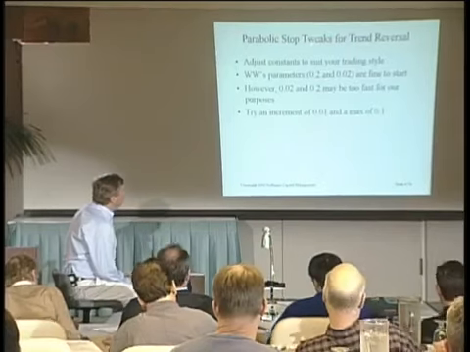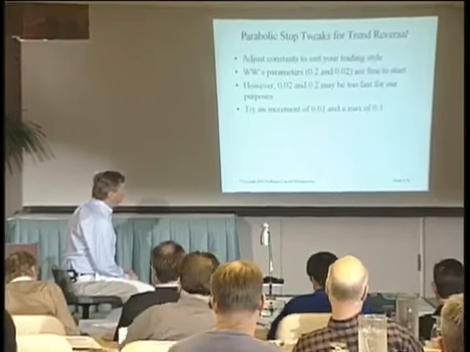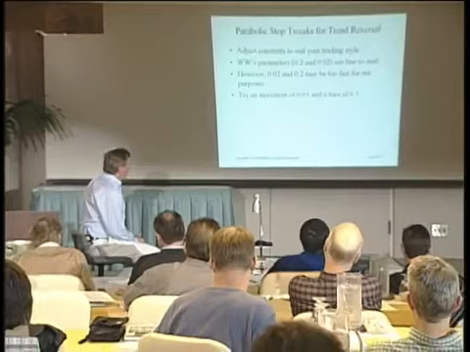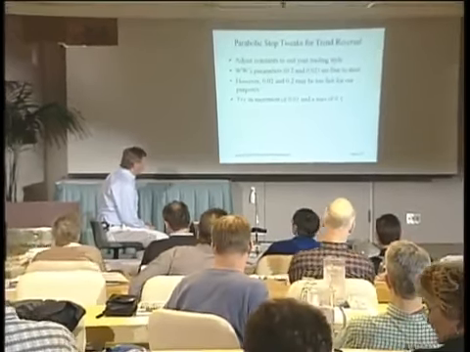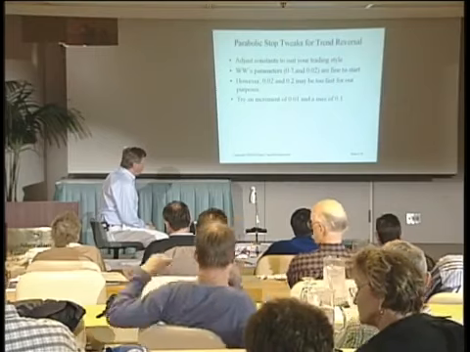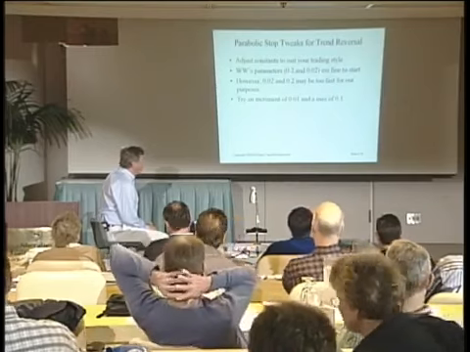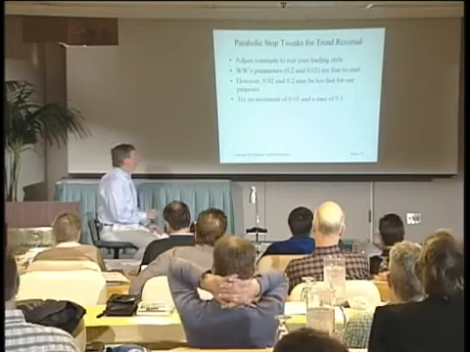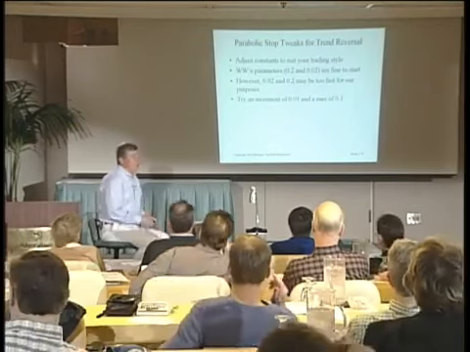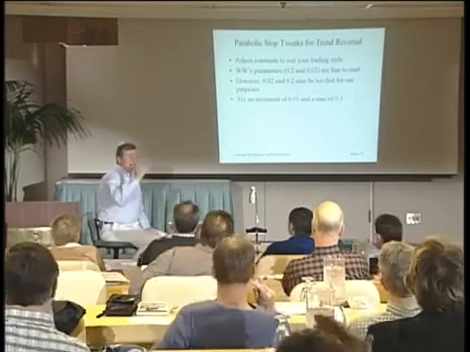Parabolic stop tweaks for trend reversals. Adjust the constants to suit your trading style. Wells Wilder's parameters of 0.2 and 0.02 are fine to start. Let me explain what these parameters are. The 0.02 is the amount that the increment is going to increase by every day.